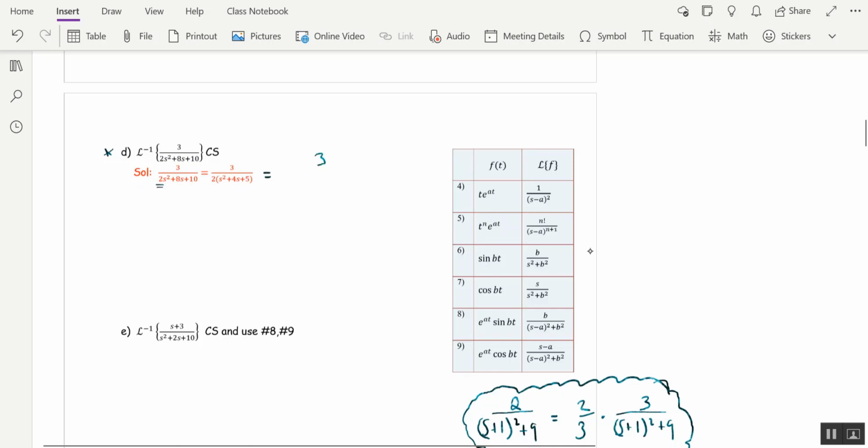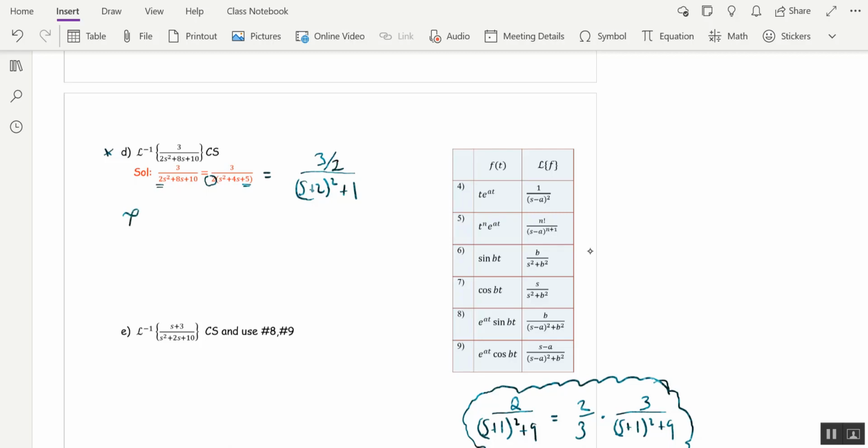Well, actually, I'm going to take that 2 down here and put it up top. So I have 3/2. And now I'm going to complete the square on s squared plus 4s plus 5. That's going to be s plus 2 quantity squared. And when I square that out, I'll get s squared plus 4s plus 4. But I want plus 5, so I'm going to add 1 as my correction factor.